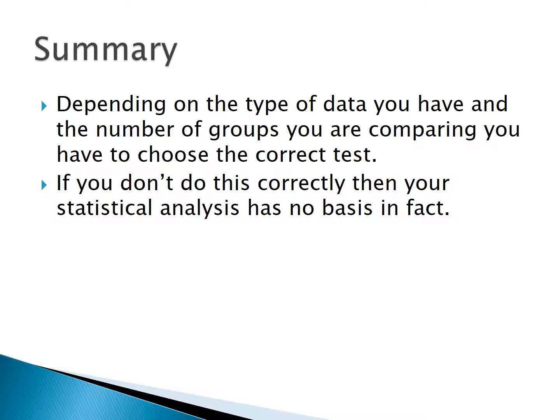If you don't do this correctly, then the statistical analysis you have carried out has no basis in fact. It wasn't correct to use those tests, so the results you produce have no validity.